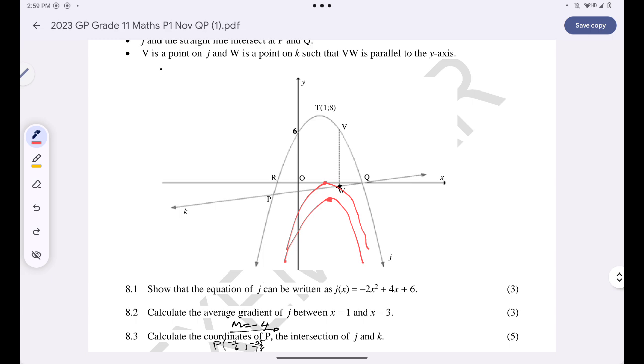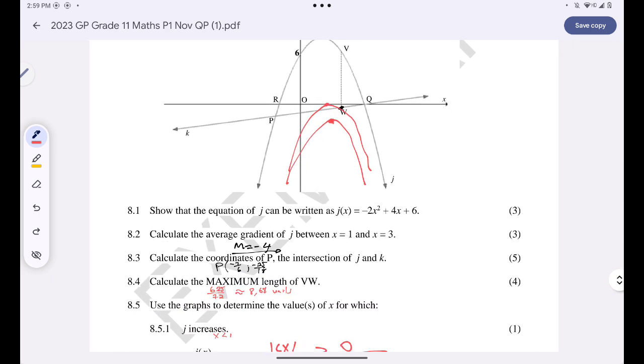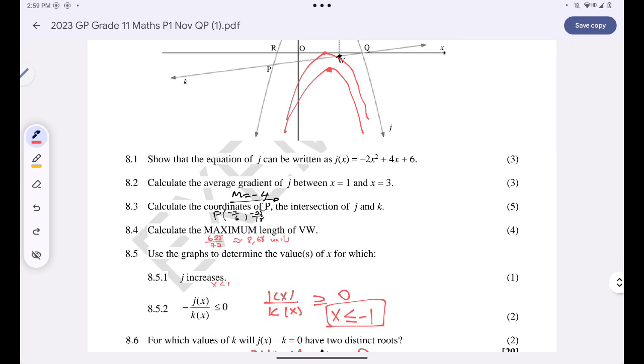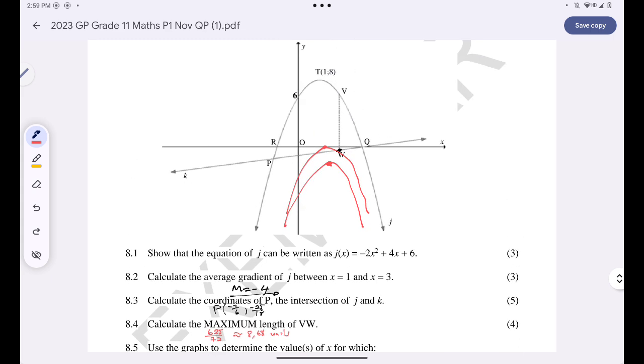Are you together? So what does this question say? For which values of k will this equation have two distinct roots? This equation will have two distinct roots if the turning point is just above the x-axis. Are you together? So how can I attempt this question? You must know the distance between your turning point and your y-intercept, right?